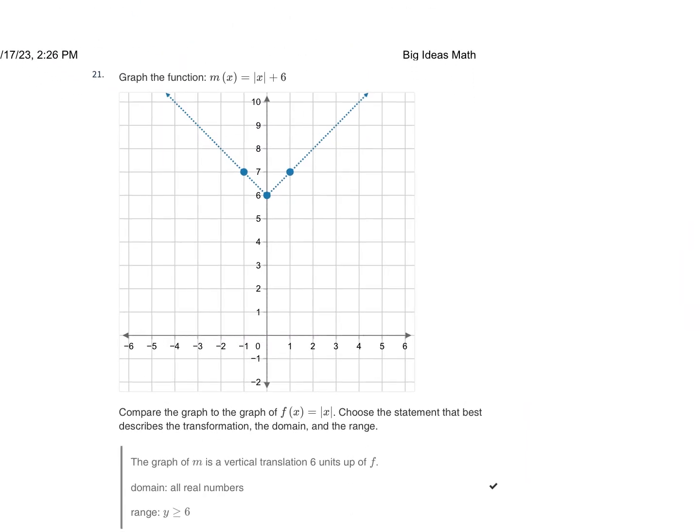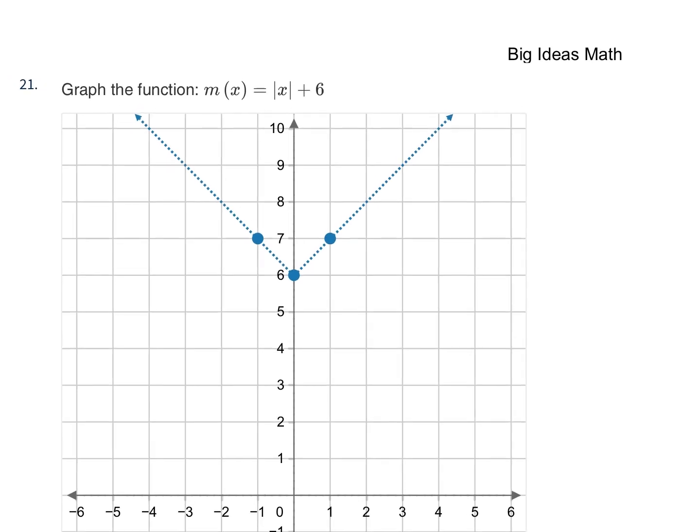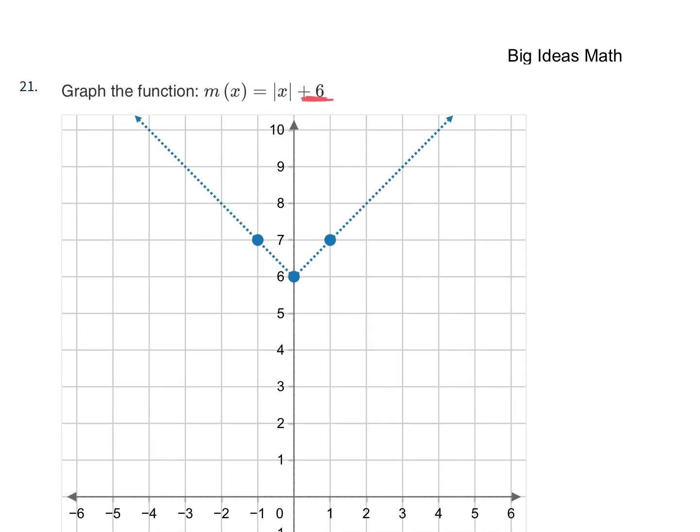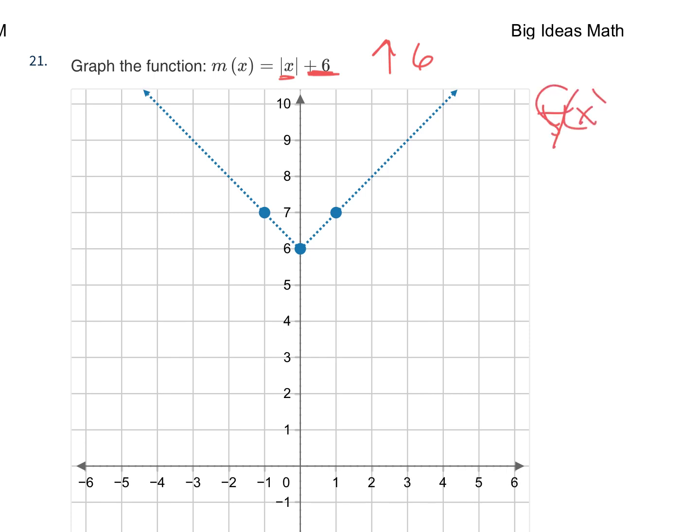Okay. It says to graph this absolute value plus 6. So this works the same way as we did for our linear transformations. It's on the outside, so it's a vertical shift up. All right, so remember, your parent function for absolute value would be your origin, your vertex is at the origin, your slope is 1, positive 1 and negative 1.